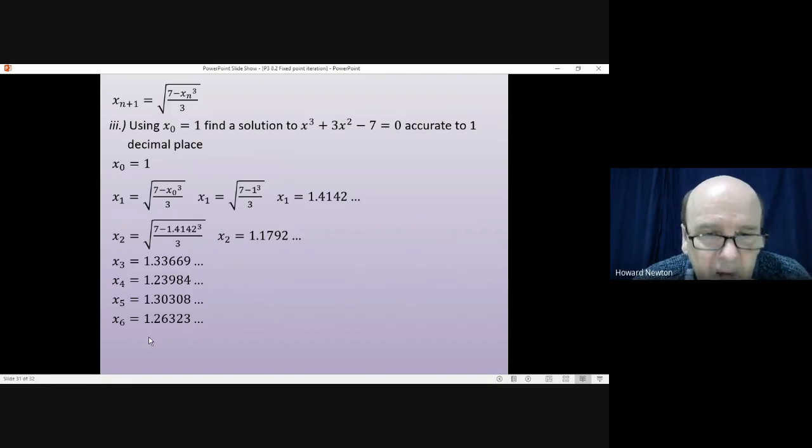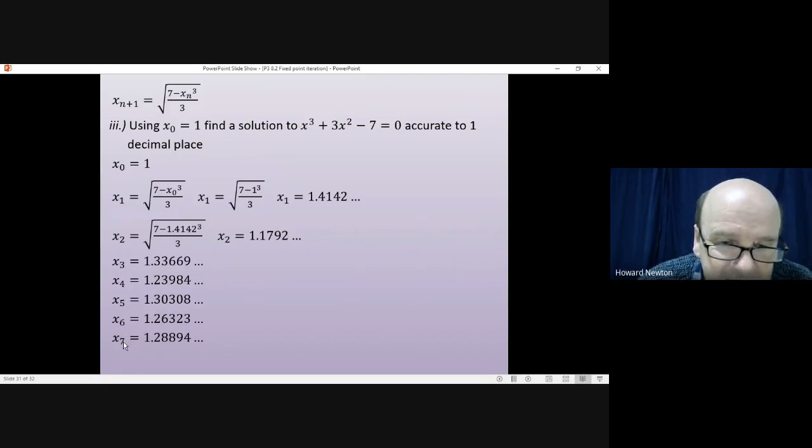Well, let's look at how we're doing. We know the solution's somewhere between 1.3 and 1.2. So to 1 decimal place, it is either going to be 1.3 or 1.2. Now, x7, if we work that out, we get 1.28. We don't really need that value. We could have either compared these two values or these two.